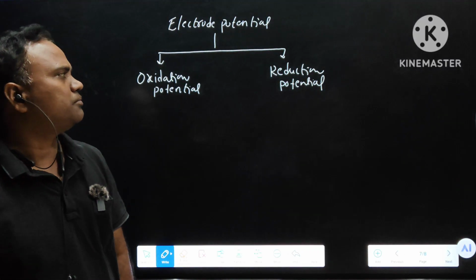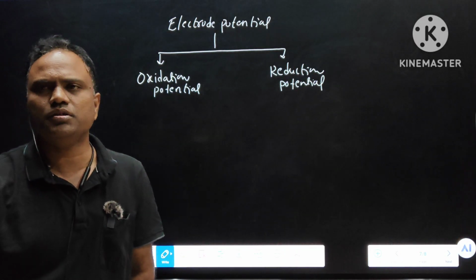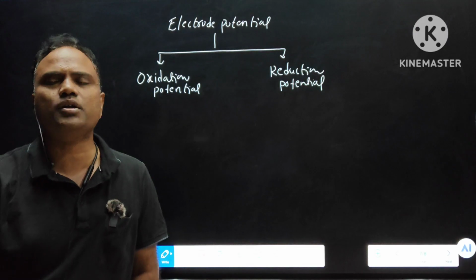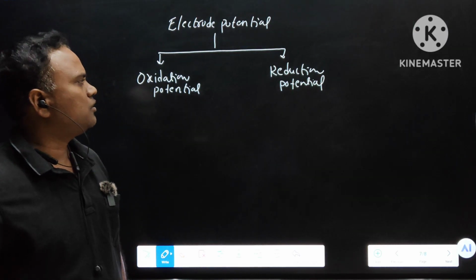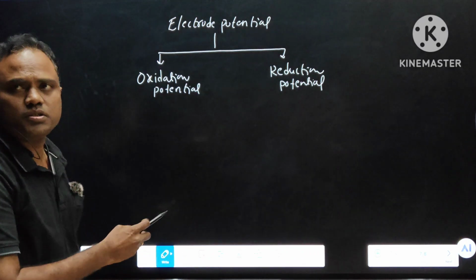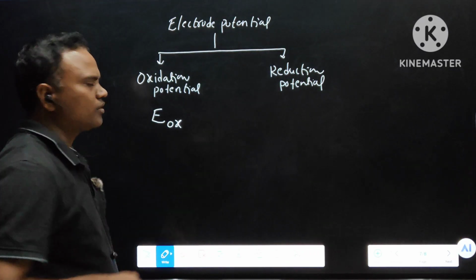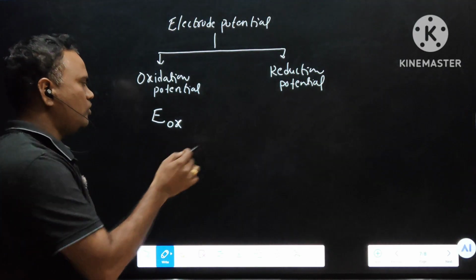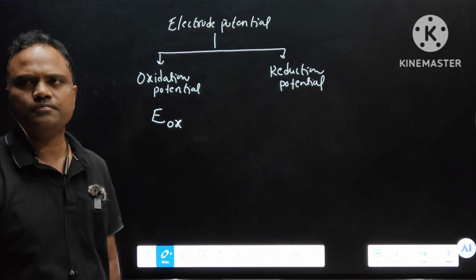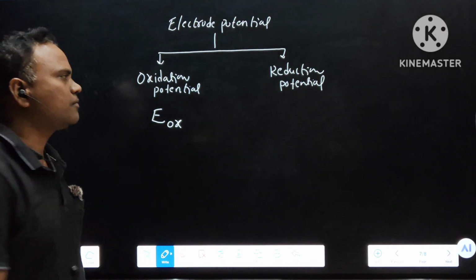So better to read formulas, concepts, everything. We will do numericals after completion of organic. Right? Okay, oxidation potential. See the symbol for oxidation potential: E. Capital E represents electrode potential. OX means oxidation potential, the potential difference developed due to oxidation reaction.